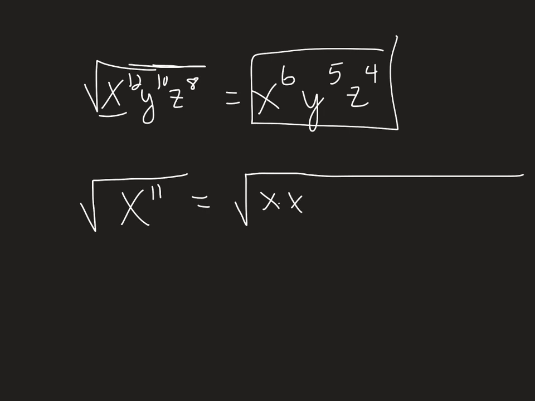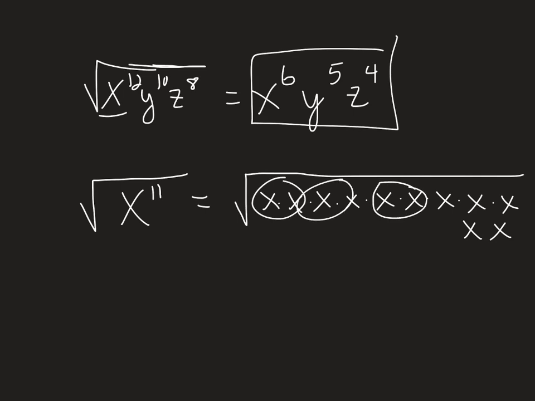The answer is you do, just not yet. 1, 2, 3, 4, 5, 6, 7, 8, 9, 10, 11. All right, so let's go ahead and circle. 1, 2, 3, 4, 5. See how there's 1 left over? You should have known that there was going to be 1 left over because we have an odd number, and we're circling groups of 2, so there's got to be 1 left out.